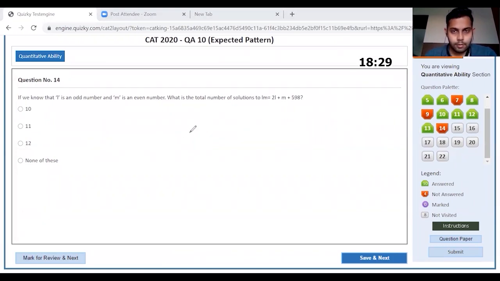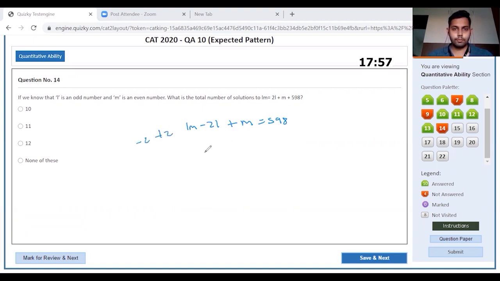L is an odd number, M is an even number. Total solutions. So LM minus 2L plus M to 598. Make it plus 2 minus 2.